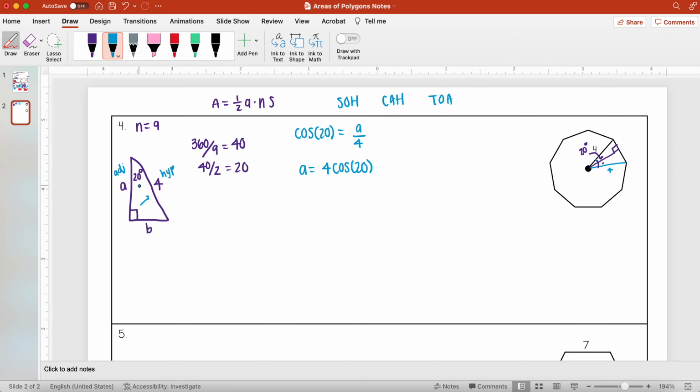Now b, I see, is opposite of my 20 degrees. And so I'm going to have opposite and hypotenuse, which is sine. So I have sine of 20 is my opposite, which is b, over my hypotenuse, which is 4. And so solving that one for b, I also get that b is equal to 4 sine of 20.